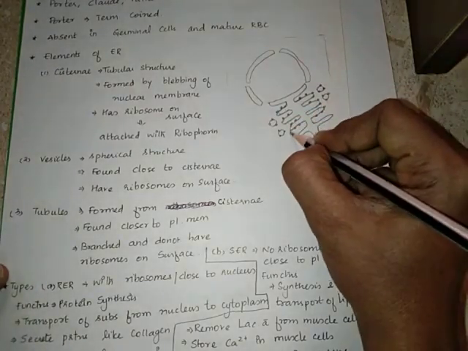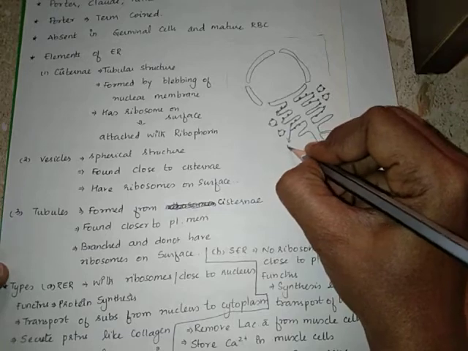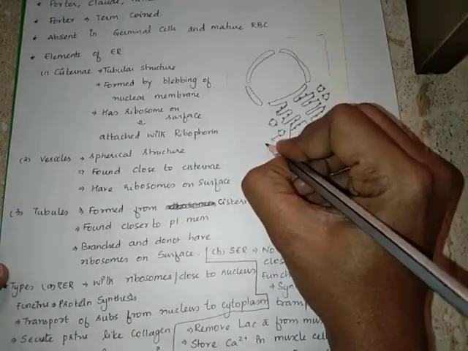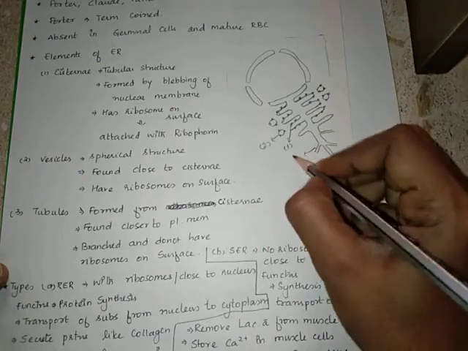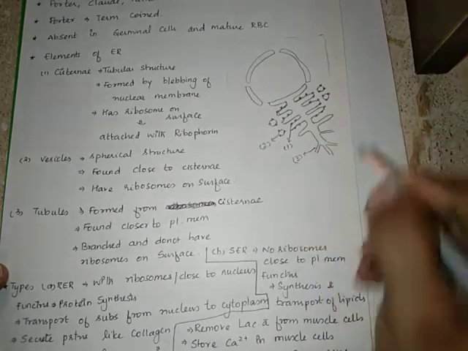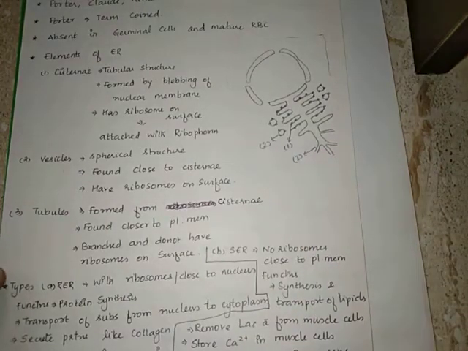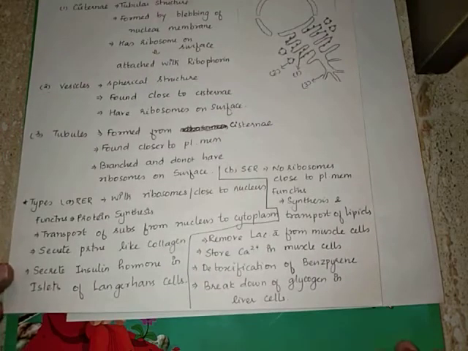So this one you call the cisternae, these structures you call vesicles, and these structures you call the tubules. And so these are the forms in which endoplasmic reticulum exists.